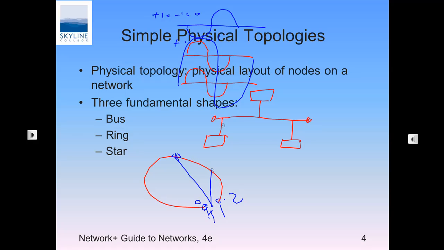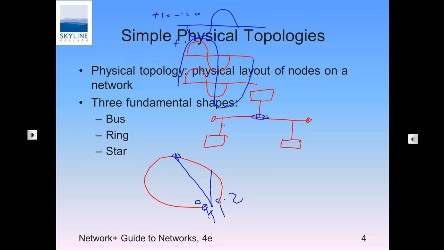This one doesn't have a whole lot, but here we would have a T. We'd put a terminator on each end and see which half of the bus worked. That half's okay. Then we would go to the middle of what's left and do the same thing. You can actually work your way down to a single workstation on those.